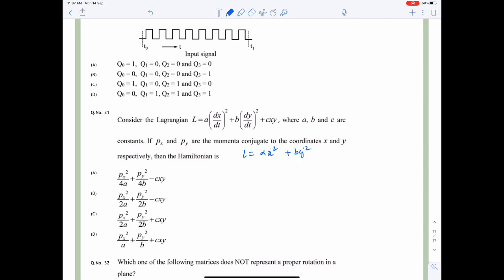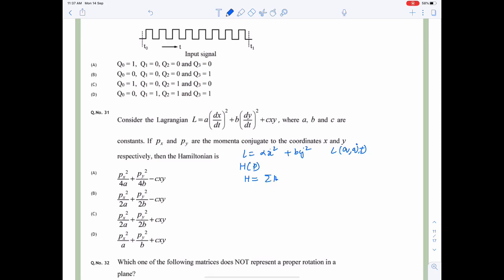So you have to calculate L in the form of q dot and t, and H is in the form of p. Okay, so you have to change this. So what is the conversion formula to go from the Lagrangian to the Hamiltonian?